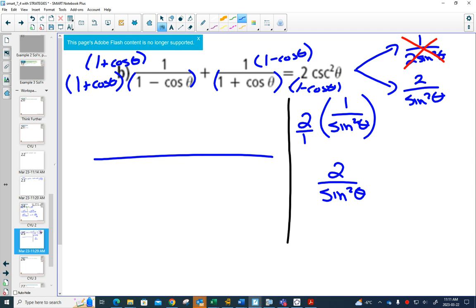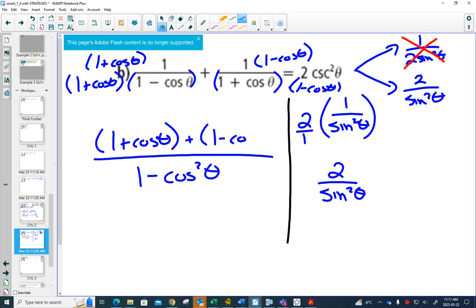You might notice that it's a difference of squares. So as a difference of squares, I can multiply it out, and I would get 1 minus cos squared theta. On the top, I would have 1 plus cos theta plus 1 minus cos theta. If you're looking at your like terms, the cos theta minus cos theta would be 0. You're just left with 1 plus 1. So now I have a 2 in my numerator, and 1 minus cos squared theta.